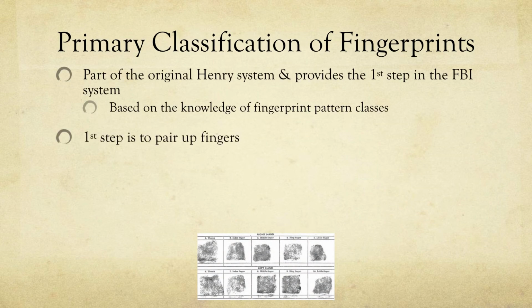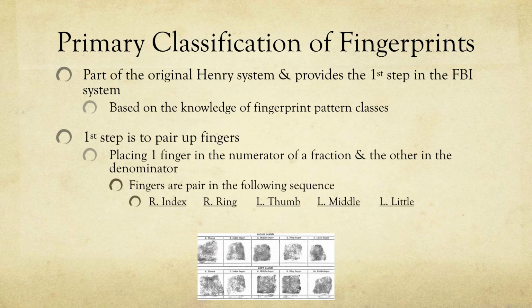But the primary classification of fingerprints, the original Henry system converted ridge patterns on all 10 fingers to a series of letters and numbers arranged in the form of a fraction. It could only, however, accommodate files of up to 1,000 sets of prints, so it became necessary to expand the capacity of the classification as prints became more and more common.